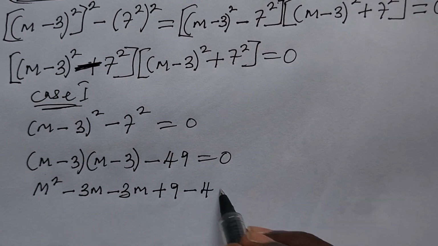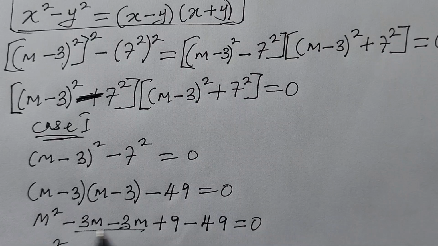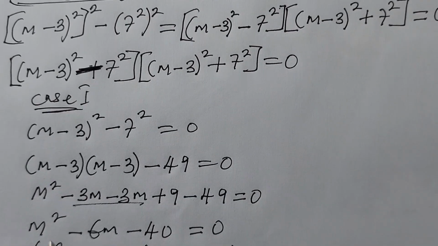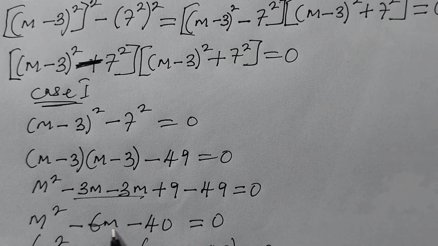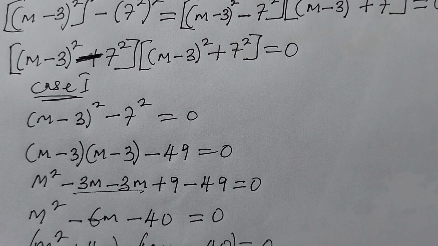Then −49. Adding these together gives m^2 − 6m − 40 = 0.